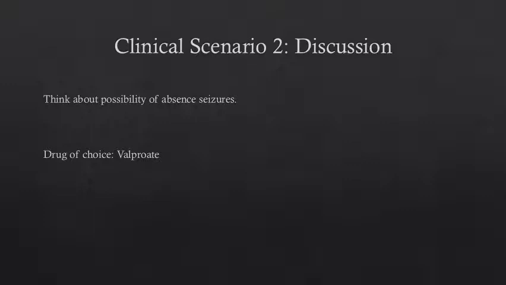Once we have made a diagnosis, the drug of choice for absence seizures is valproate. It's important to know this because medications such as phenytoin and phenobarbital, although effective against generalized tonic-clonic seizures, are not effective against absence seizures.